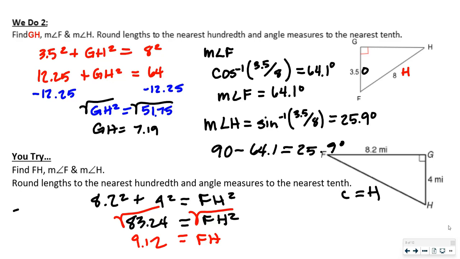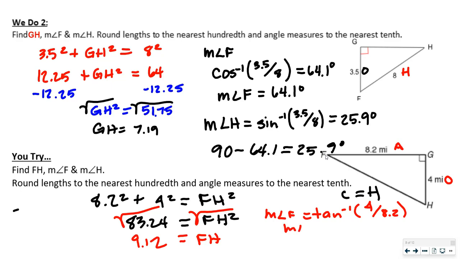But, okay, now let's talk about what we are going to do. If we're looking for the measure of angle F, this is opposite and this is adjacent, right? So the measure of angle F is the inverse tangent of 4 over 8.2.